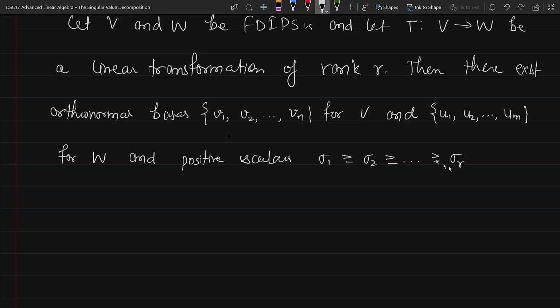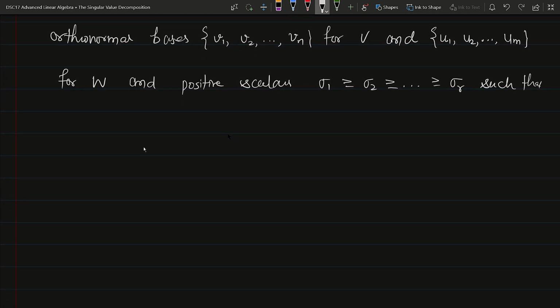However many the rank of this linear transformation is, that many sigmas we will get. Okay, such that T of every vi is equal to sigma i times ui if i is between 1 and r, and this is going to be 0 if i is greater than r.